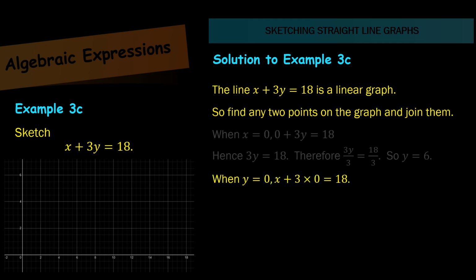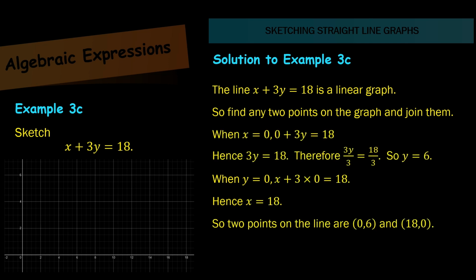When y is 0, again, plug in the values in the equation and tidy up to give x equals 18. So the 2 points on our line are 0, 6 and 18, 0. Let's plot these points. 0, 6 goes here and 18, 0 goes here. We join the points and we have our line.